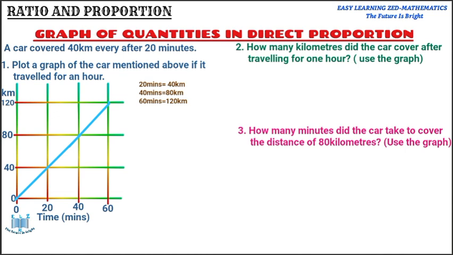Now let's go to question number 2. How many kilometers did the car cover after traveling for an hour? Use the graph. So we are told to use the graph to determine the kilometers the vehicle covered. What we are told is an hour, which is 60 minutes. So we are going first to identify where 60 minutes is. So 60 minutes is here. We have circled down here.